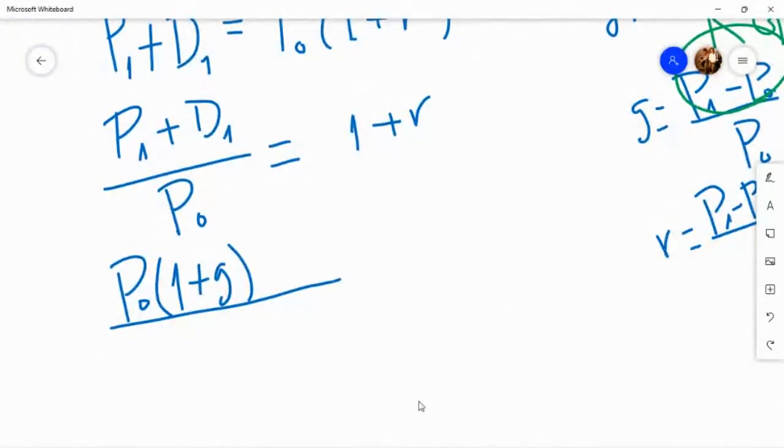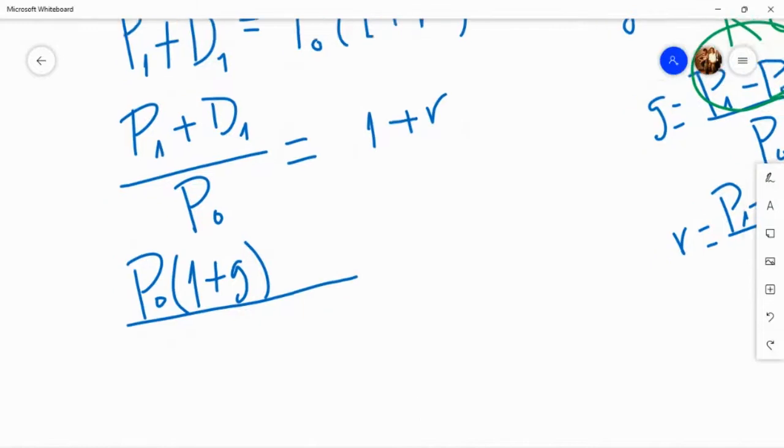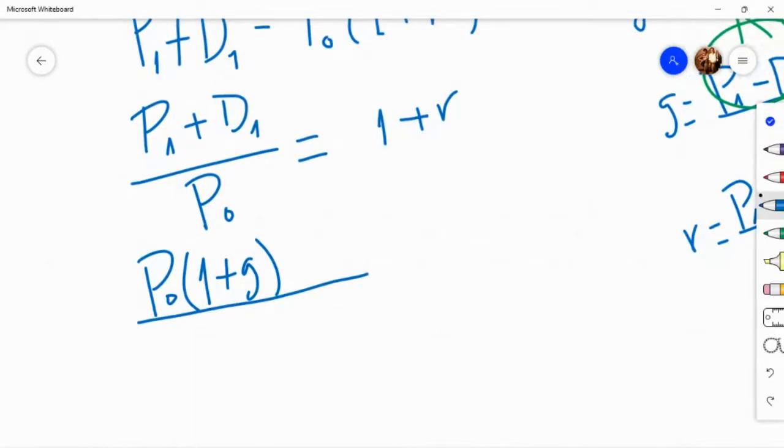So you see P1 can be rewritten by its own definition, and then plus D1 over P0, that's 1 plus R. And then think about it.